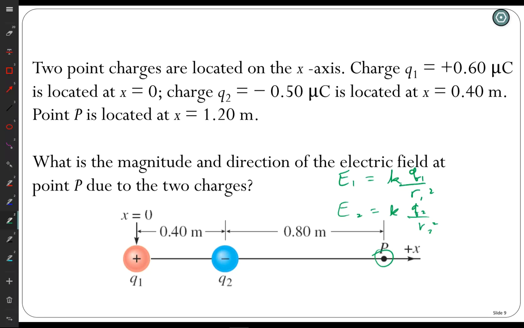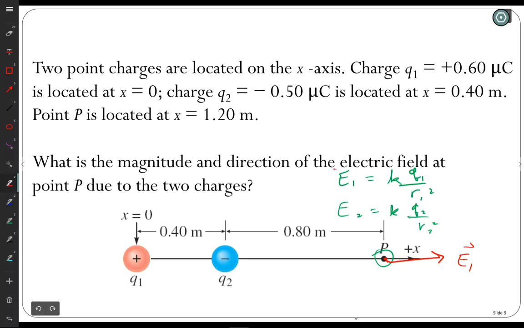What direction should the electric field be at point P due to charge Q1? Is Q1 positive or negative? And electric fields go which direction from positive? Out. So what direction is out from Q1 at point P? To the right. So that's the direction of E1 there.